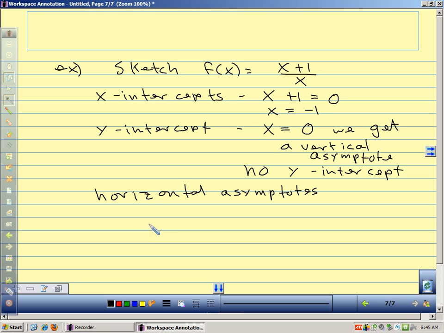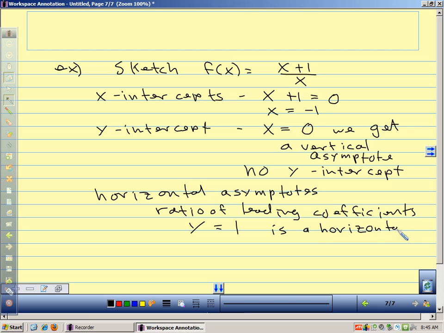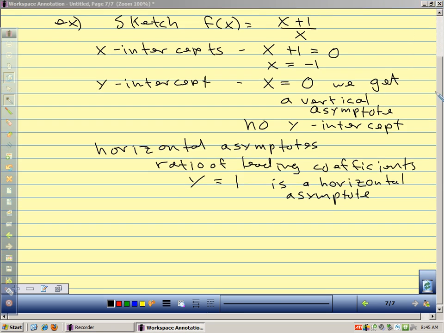If the degree of the numerator and denominator are the same, it's the ratio of the leading coefficients. So y equals 1 over 1, or y equals 1, is a horizontal asymptote. So we have a vertical asymptote at x equals 0, a horizontal asymptote at y equals 1. And now we can start to sketch our graph.